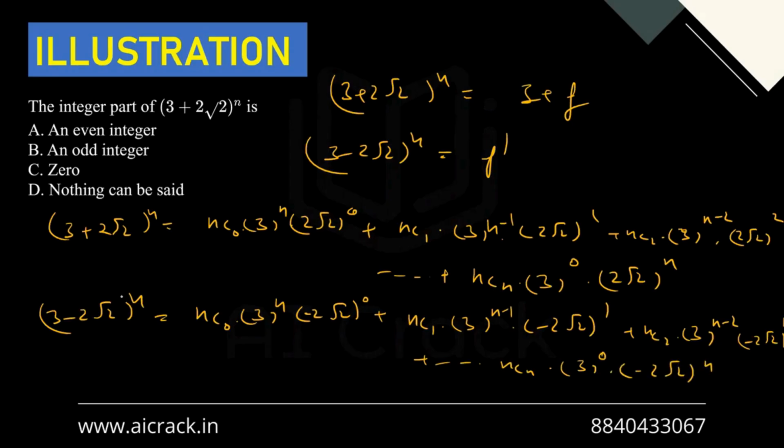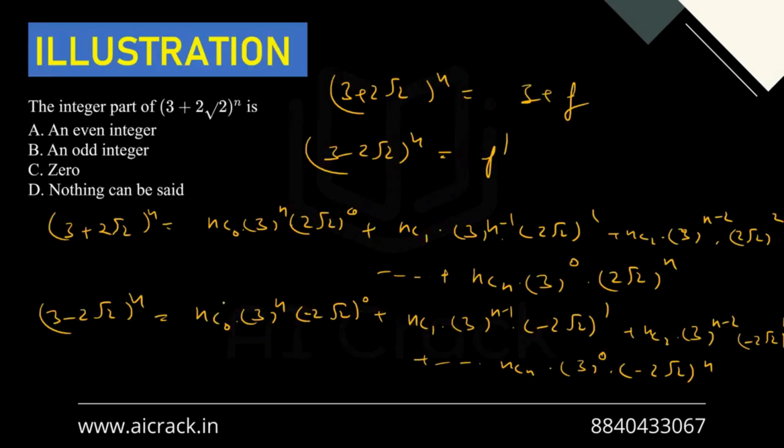Now if I add both of them, I can clearly see that the odd-power terms will get cancelled because there is a negative number raised to an odd power. Similarly, you'll get the terms (−2√2)^3 and (−2√2)^5. Those terms will get cancelled if I add both of them.